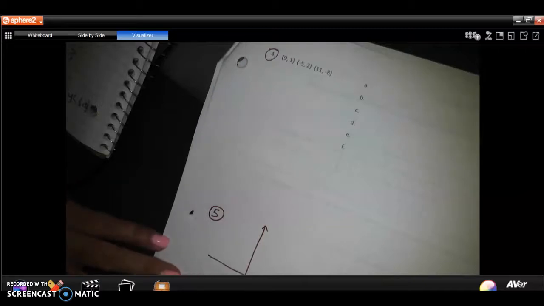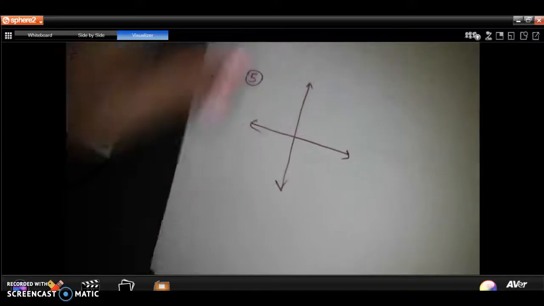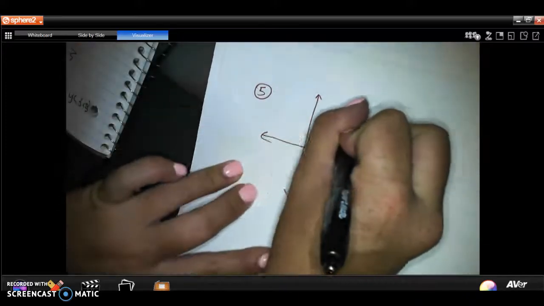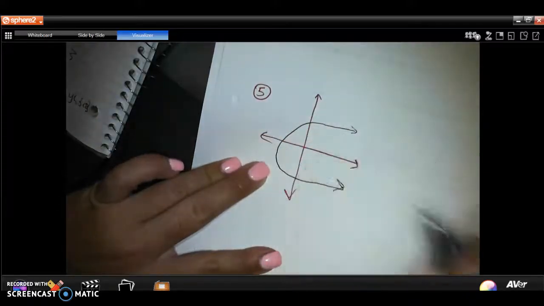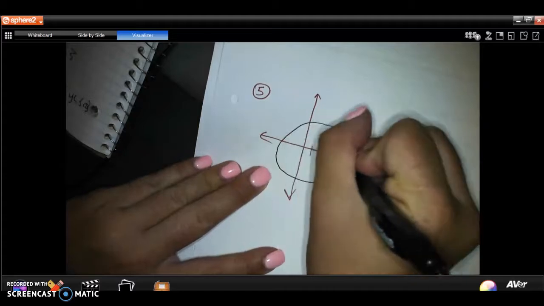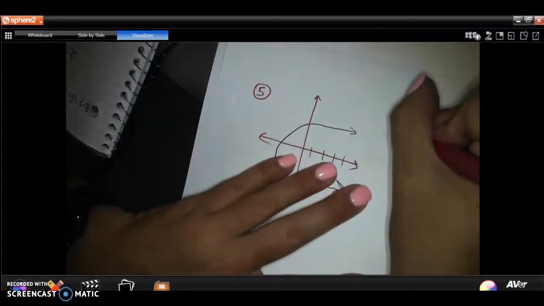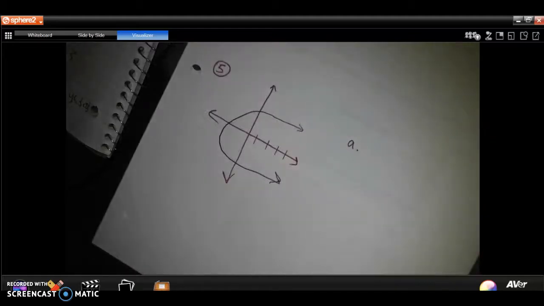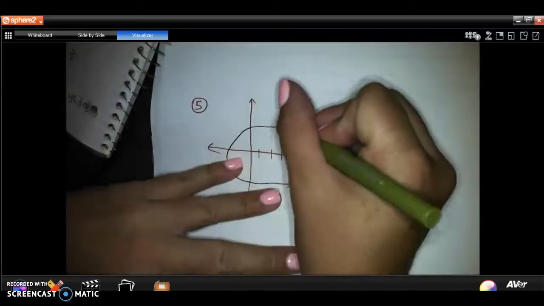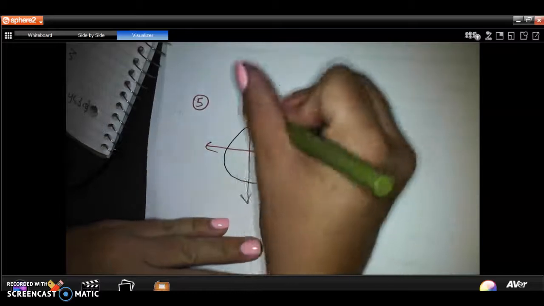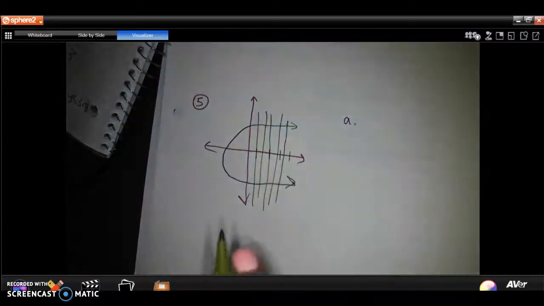If I were to give you a graph like this, and we'll say this is 1, 2, 3, and 4. The first question I want to ask you is, is this a relation or a function? Just by looking at this, if I do that vertical line test I talked to you guys about on the previous page, I'm going to use a different color so you can see this. If I were to have a bunch of vertical lines going up and down, is this a function?